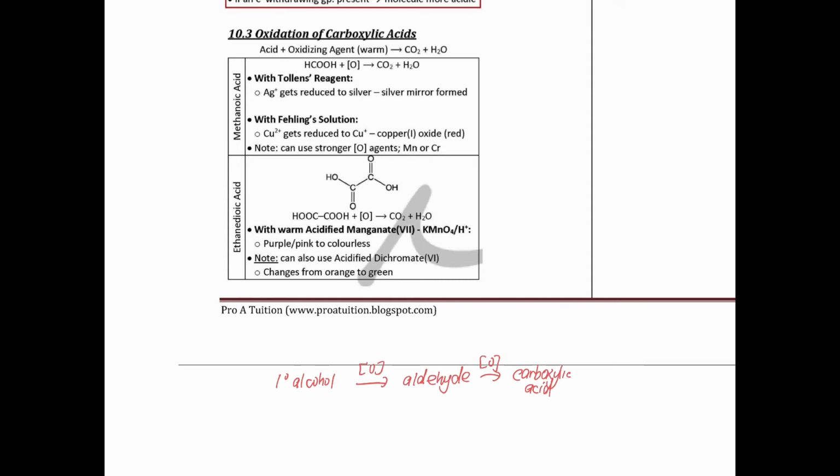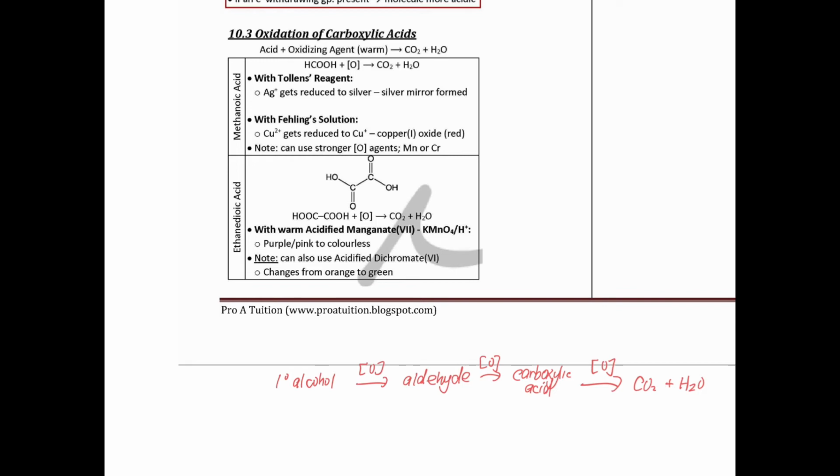But now, 10.3 says that we can continue to oxidize it. So we can continue to oxidize it to CO2 and H2O. But the thing is, not all the carboxylic acids can do these reactions.